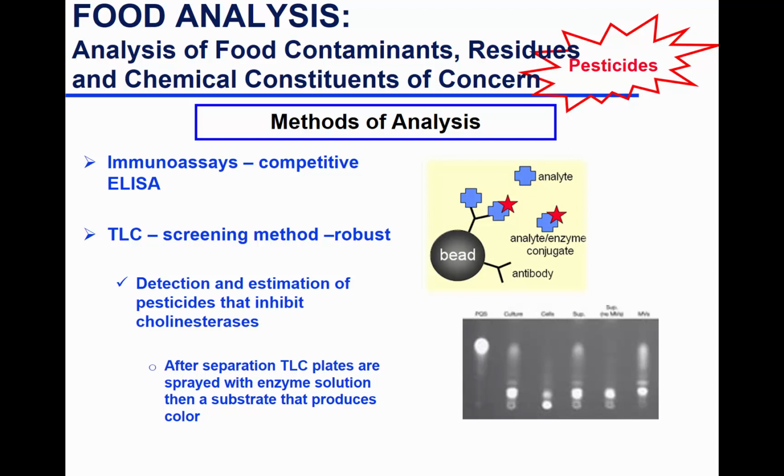So when you spray your plate and then you add a substrate, the color will be formed. And then you can see here that there are zones where you don't have color. This means there are pesticides here that inhibited the action of the enzyme. So when the substrate was added, no product was generated, and that's how they determine presence of pesticides that inhibit the cholinesterase enzyme.